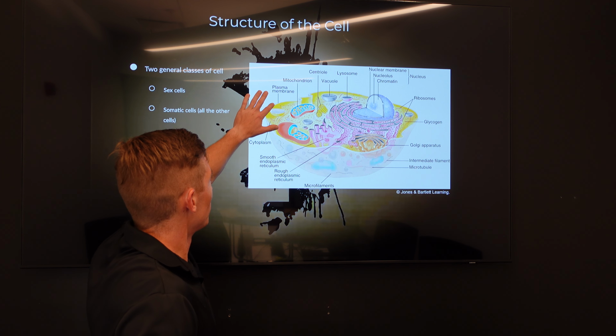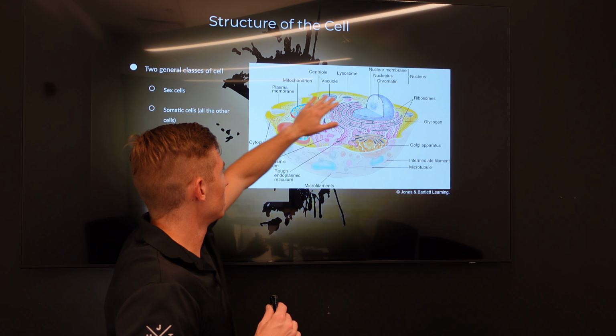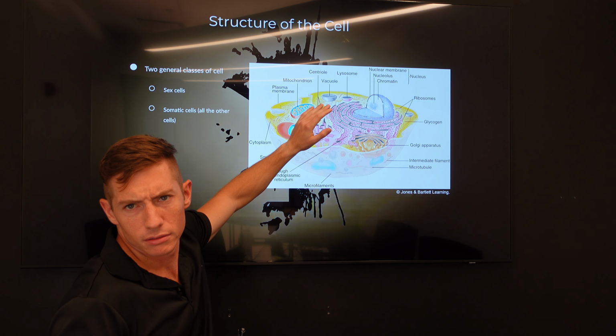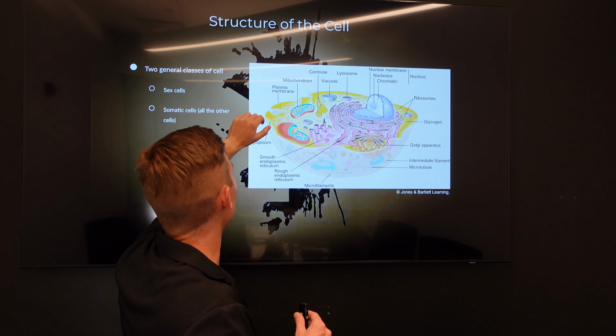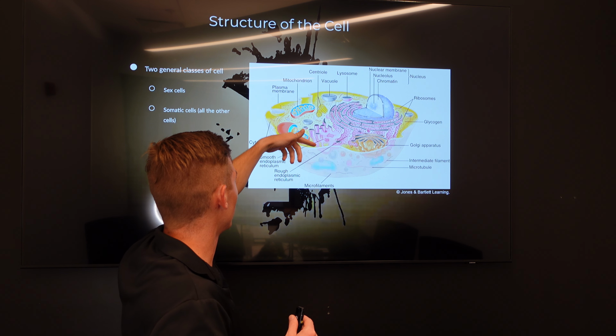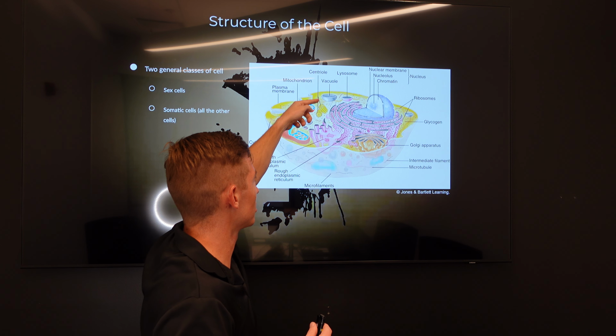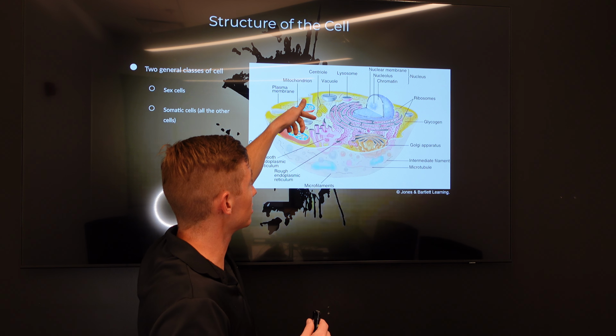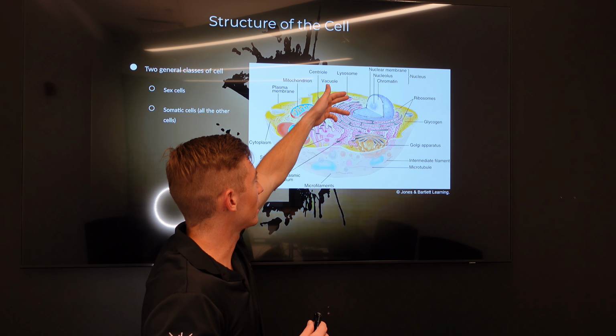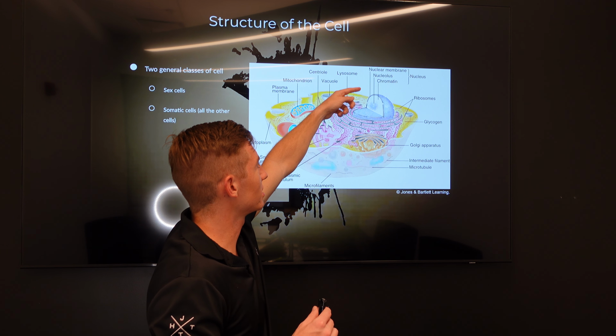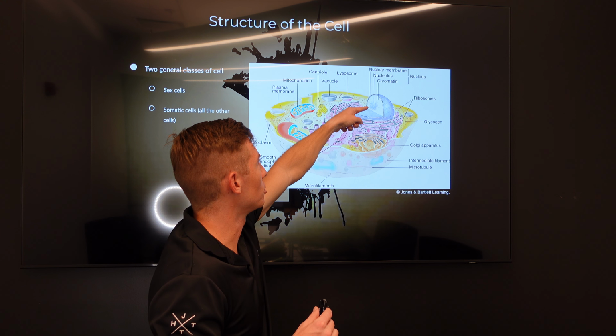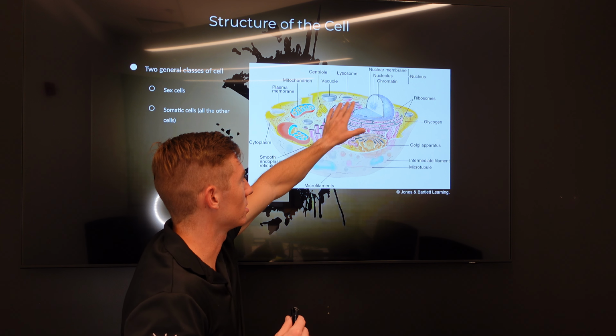So the plasma membrane is the outside of it. And then you have mitochondria, the powerhouse of the cell. Obviously, these are your centrioles. This spindle cylindrical vacuole is like a lysosome. The nucleus has three parts: your chromatin, your nucleolus in the middle, and the nuclear membrane, all of that is the nucleus.